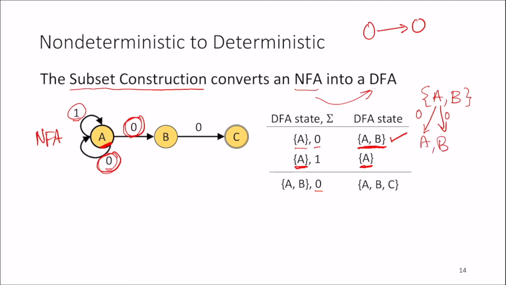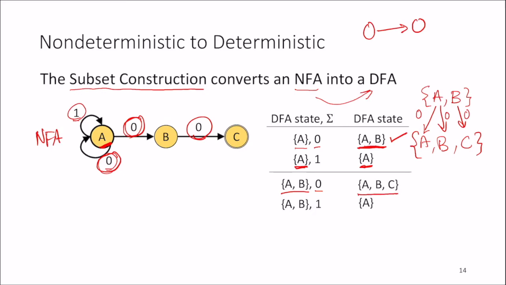It can either end up in A or B, and if I'm at B, I would take this transition on 0 and end up at C. So now I'm in a set of states which is either A or B or C. So if I'm starting from either A or B, I can end up in either A or B or C.